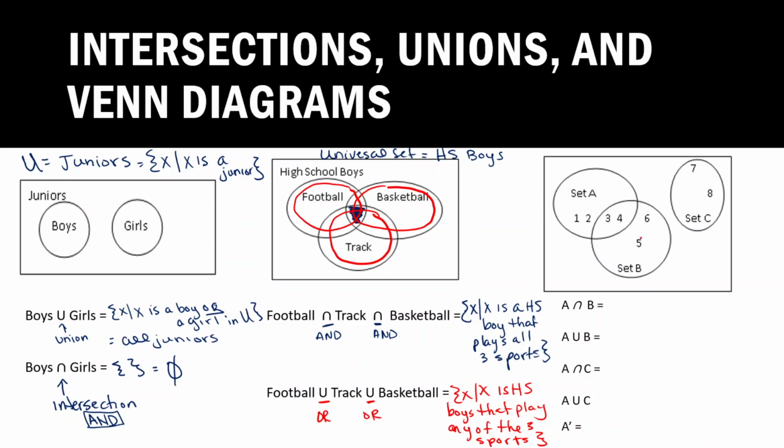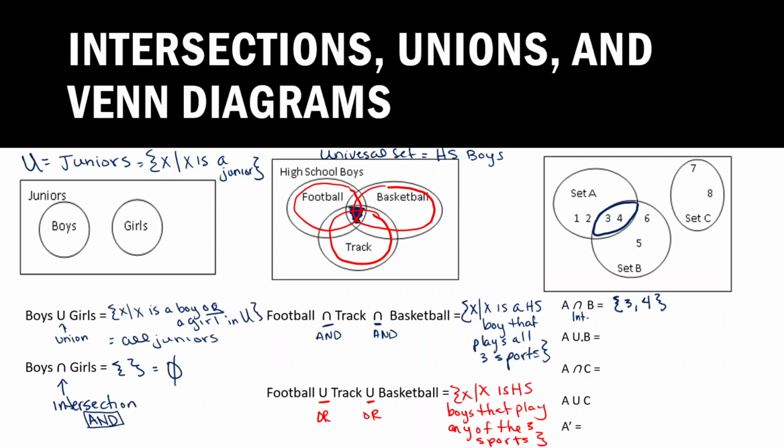All right, now let's get to some examples with numbers. You know, we are in math class, we want to deal with numbers. Okay, so again, this is an intersection. So I want to find A and B. So I need the numbers that are in both sets. So this would simply be 3 and 4.